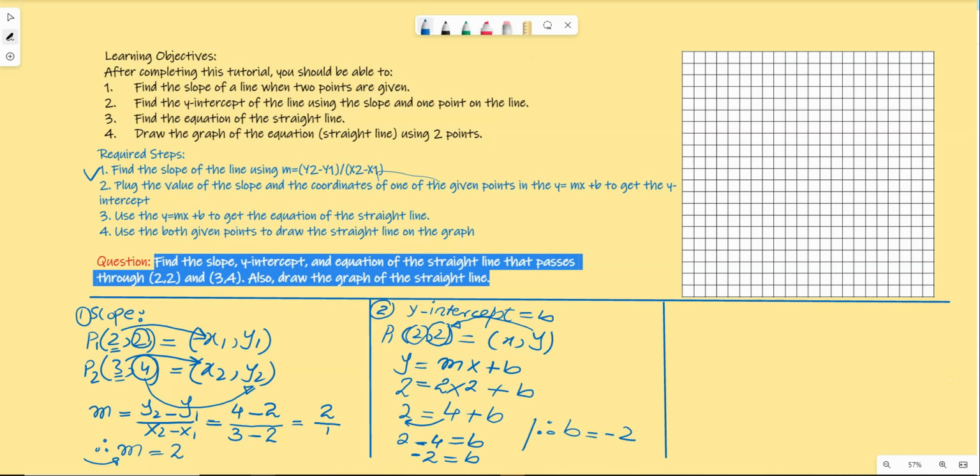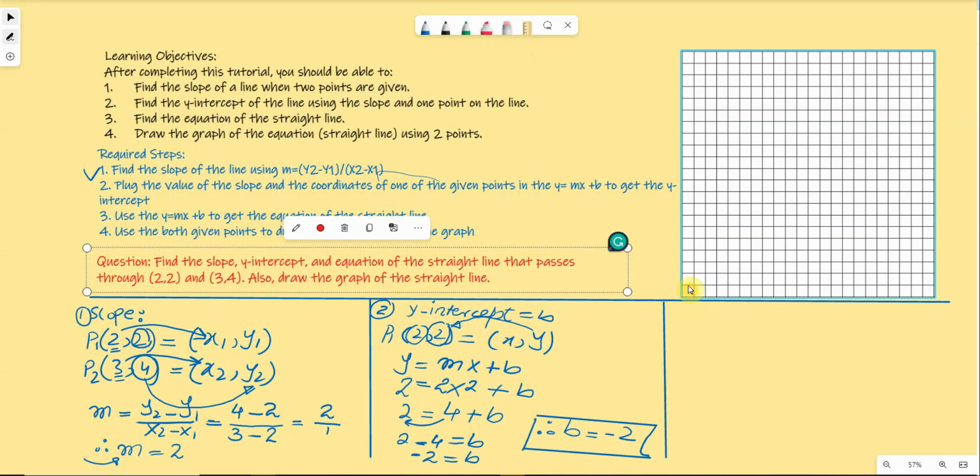So we also got the y-intercept as well. Okay, so we did the second step as well.